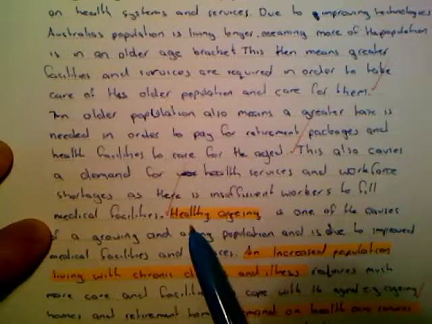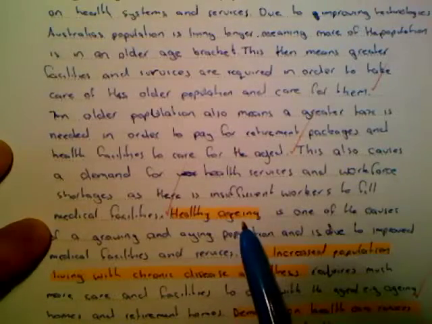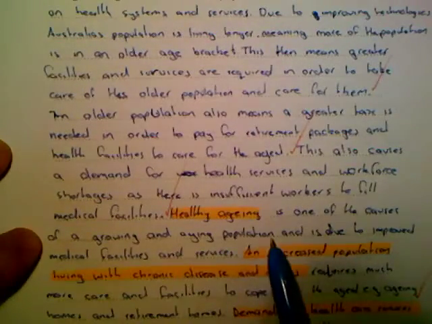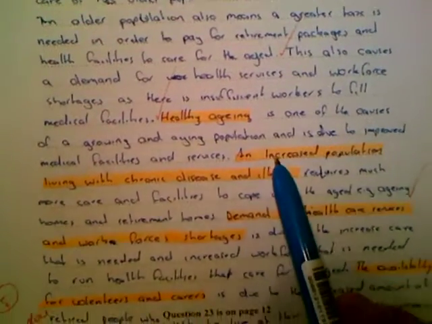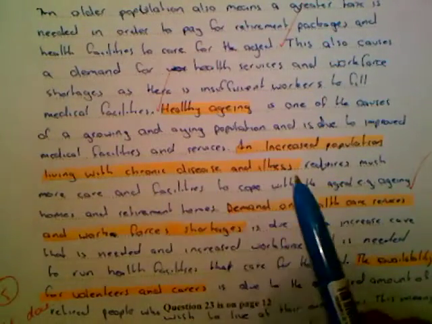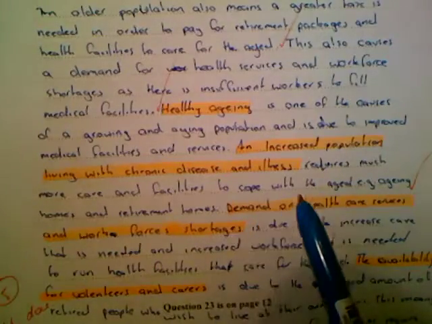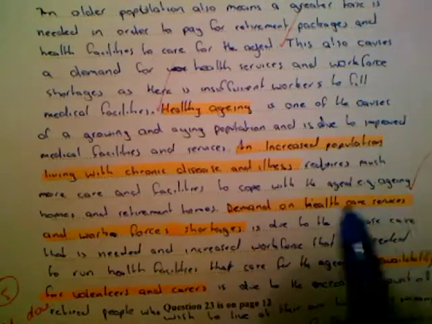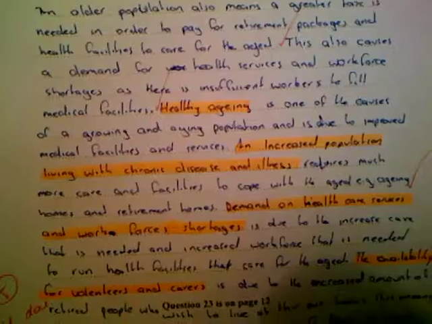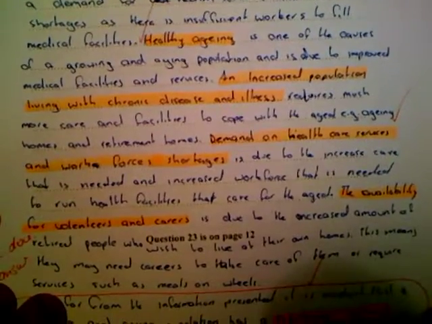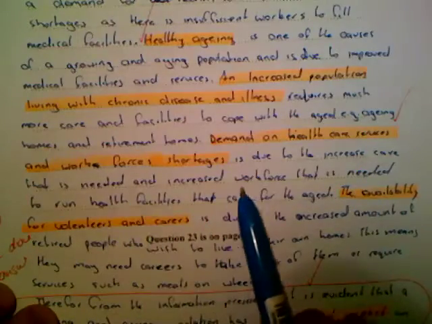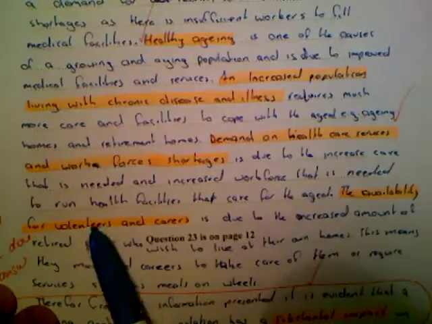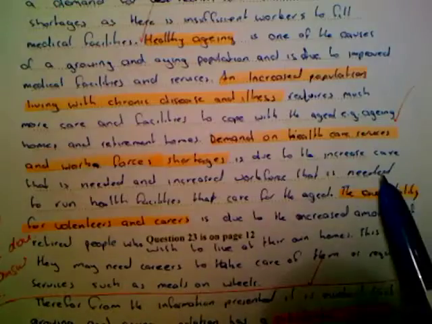Then we get to our dot point areas. Healthy ageing is one of the causes of a growing and ageing population and is due to improved medical facilities and services. An increased population living with chronic disease and illness requires much more care and facilities to cope with the age. Example, ageing homes and retirement homes. Demand on the health care services and workforce shortages is due to the increased care that is needed and increased workforce that is needed to run health facilities that care for the aged.